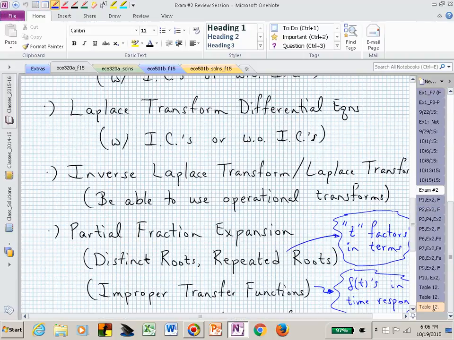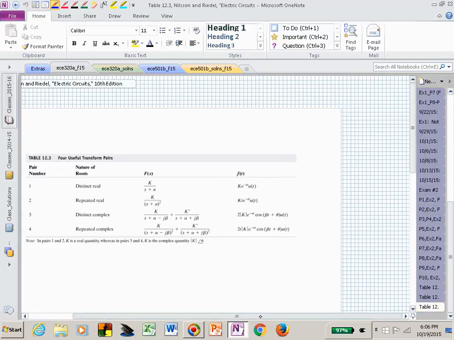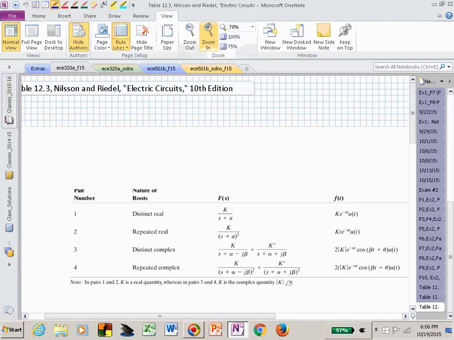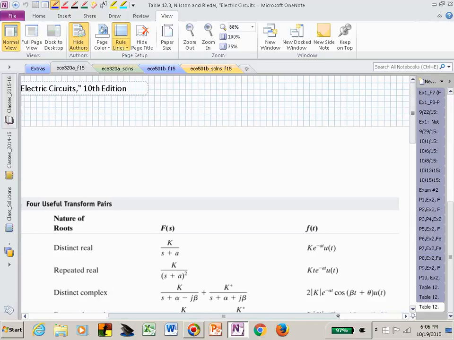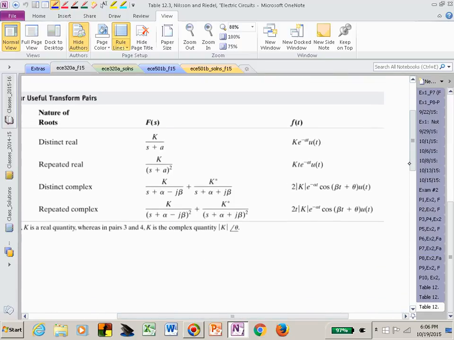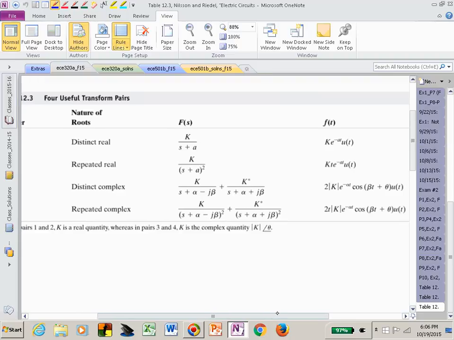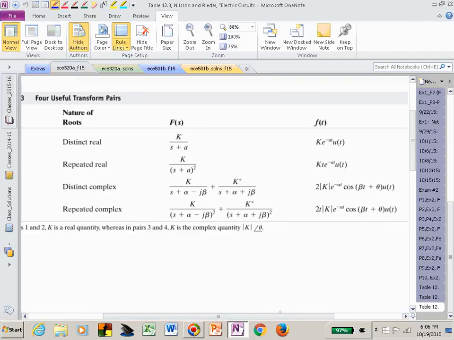But someone was asking before we got started, how do you do this when you have repeated complex roots? Maybe they didn't have a problem finding the k, but this is the last row when you have 2 roots that are on top of each other that are complex.